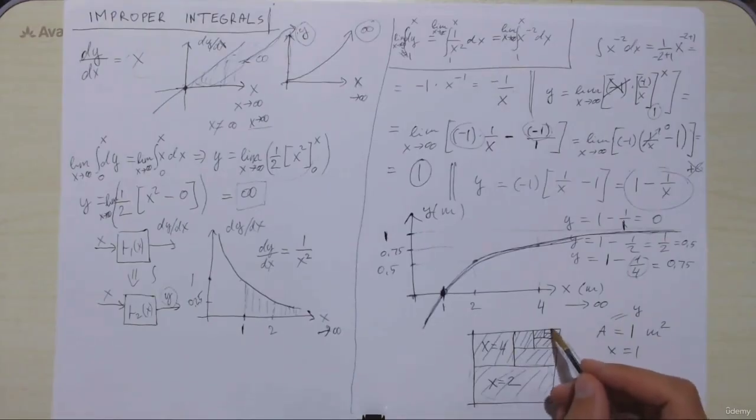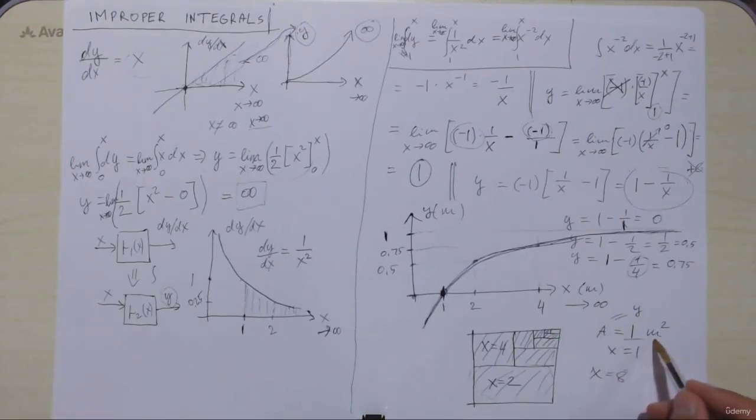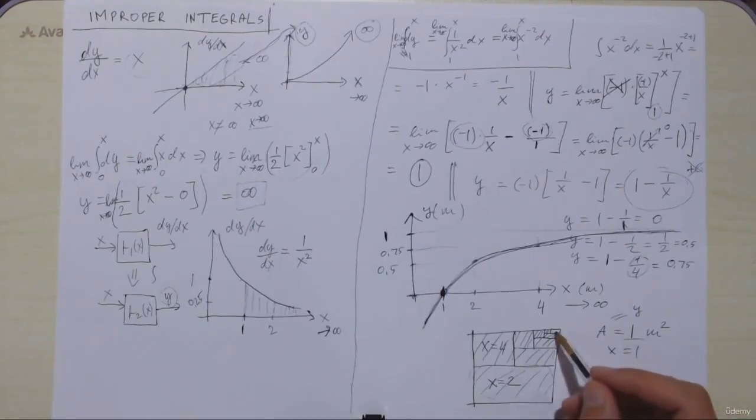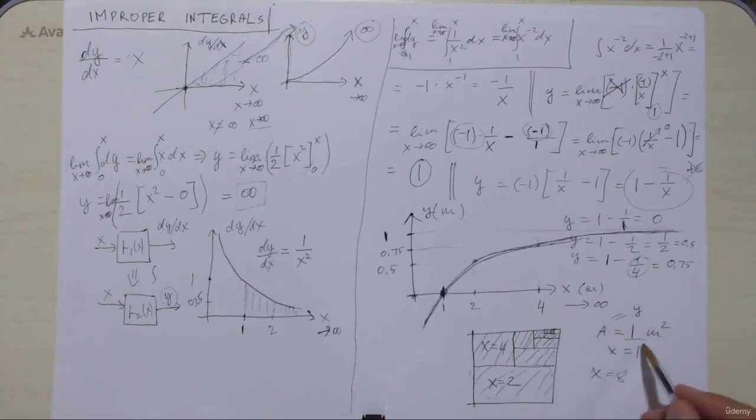And if I do that, I never quite reach area equals 1 meter squared, because I can always take the remaining empty area and cut it in half, right? So I can always cut it in half.